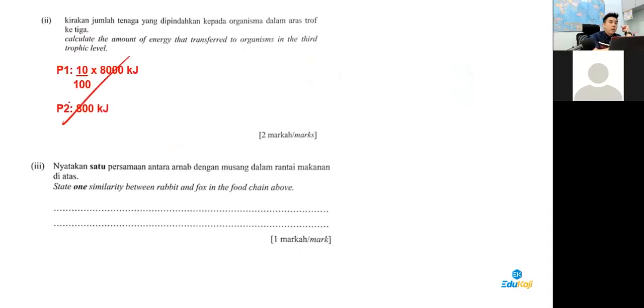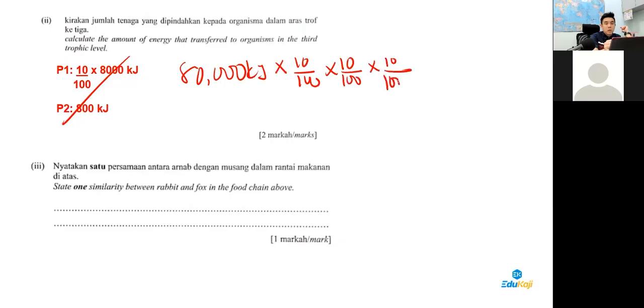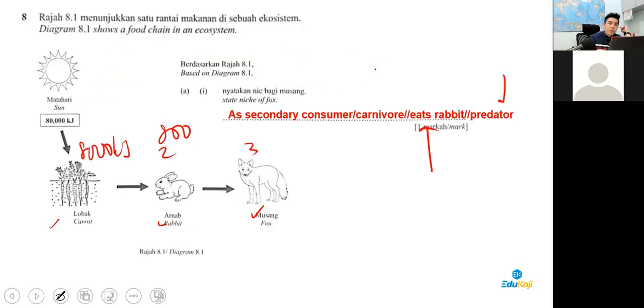I think you need to times 3 times, guys, because it's the third tropic level. Anyway, 80,000. Because each time it goes up, only 10% is maintained.